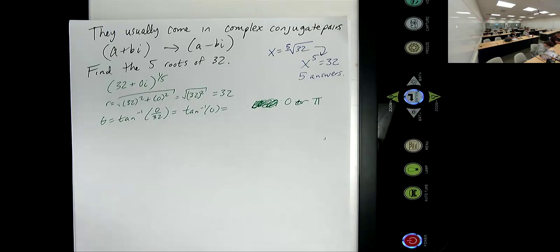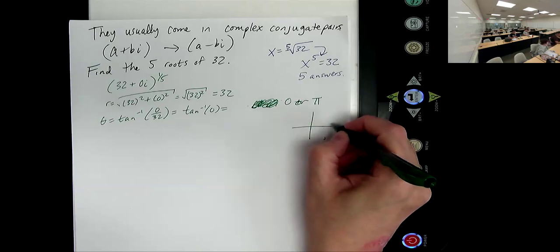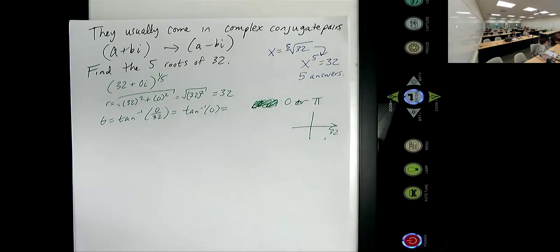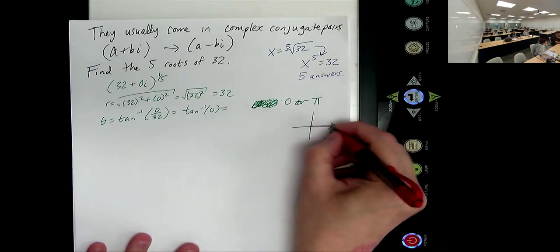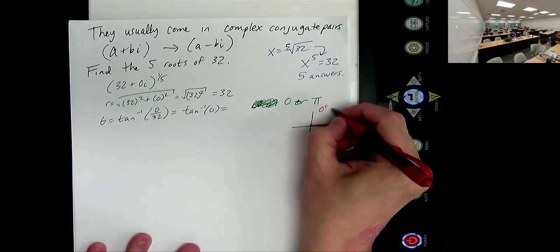If we look at it graphically, 32 is over here, so we're gonna have 0 degrees or 0 radians.